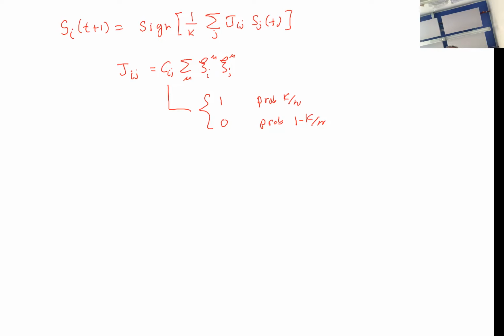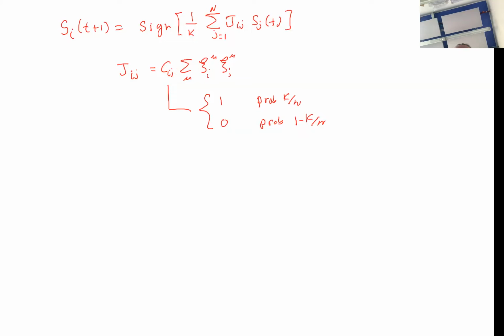So what this means is each neuron connects to, instead of all n neurons, so this sum is j equals 1 to n, but because of this C_ij term, only about k terms in that sum are non-zero. The C_ij just blanks out most of these terms if n is large.